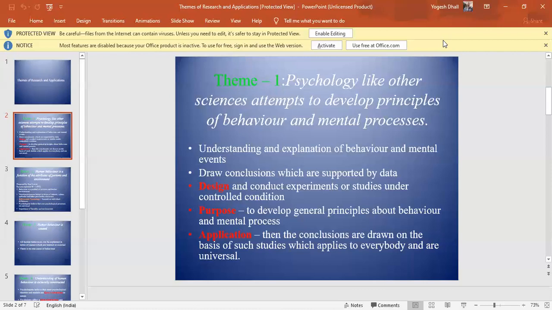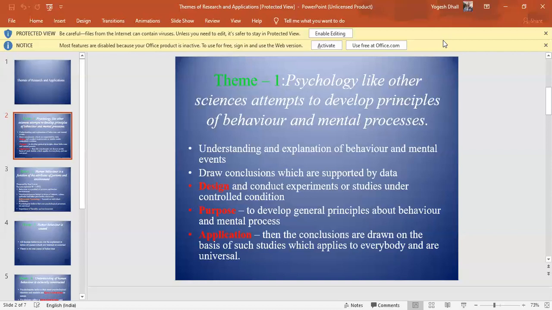For example, I conducted a study on how we feel energetic after taking a sound sleep. So the results which I will draw should be universal, means everyone on this earth should have the same feeling. If not, then this study is of no use. It should suit everyone on an average.